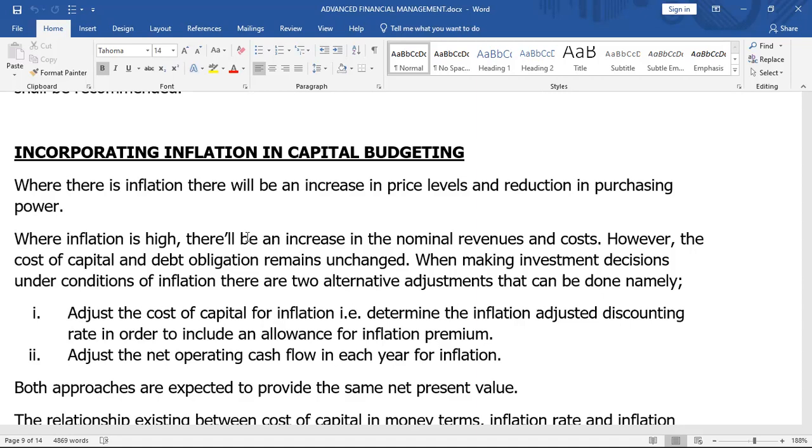And when you look at it in different terms, you can say it is the rate at which purchasing power drops and can be reflected in the average price increase of a basket of selected goods and services over time.